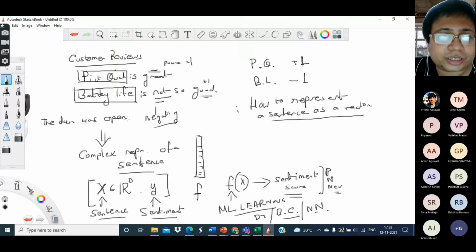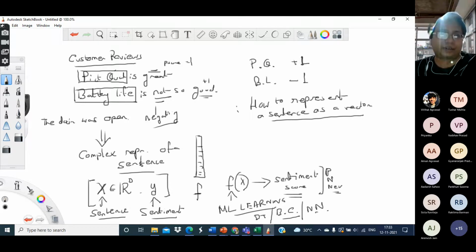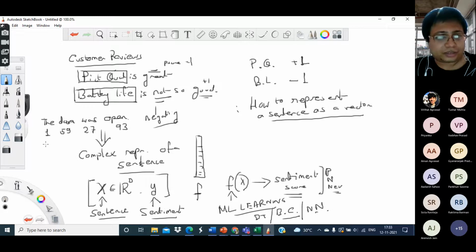Why don't I go to every word, check what its index is in the vocabulary, and just create a vector out of this? Let's say the word the, its index is 1, for the word door the index is 59, for was the index is 27, and for open the index is 93. So based on that I make a vector like this: 1, 59, 27, 93.